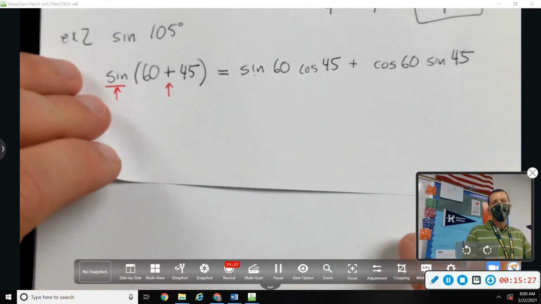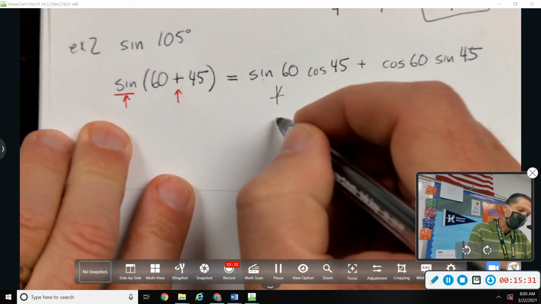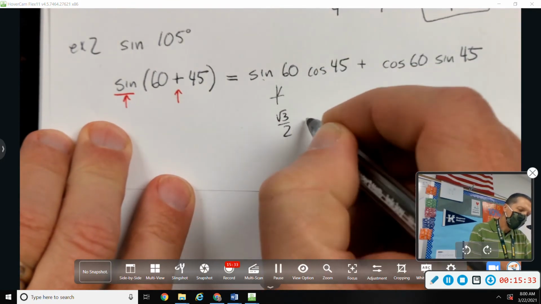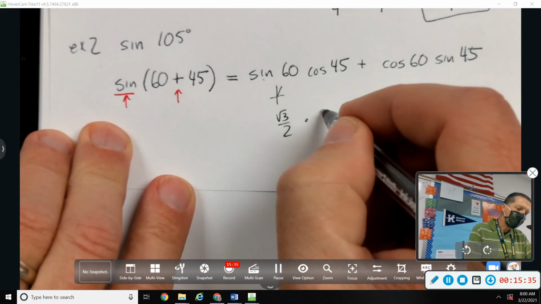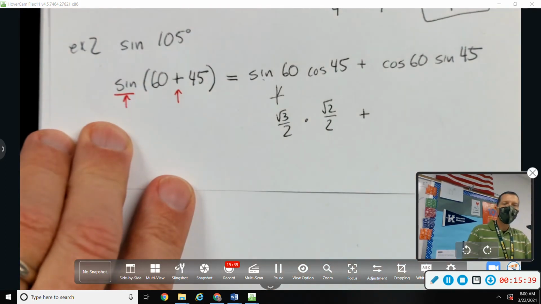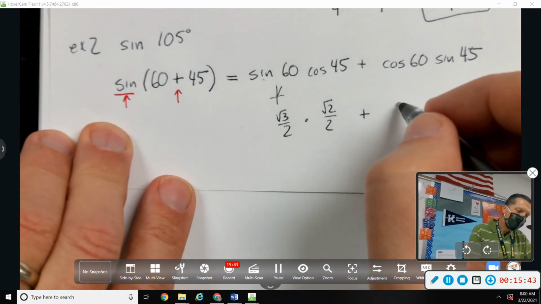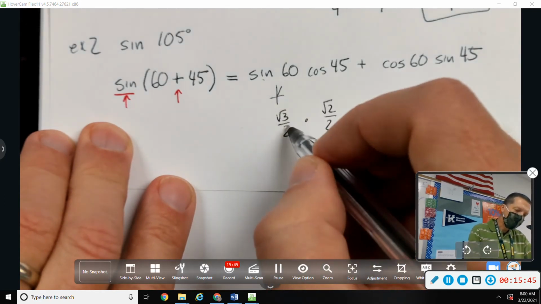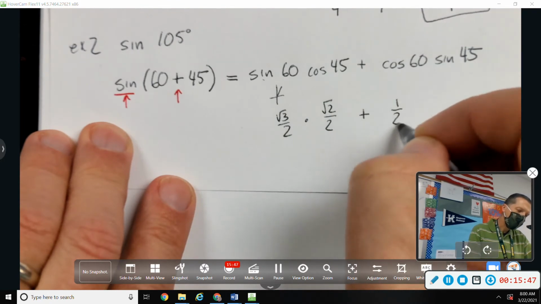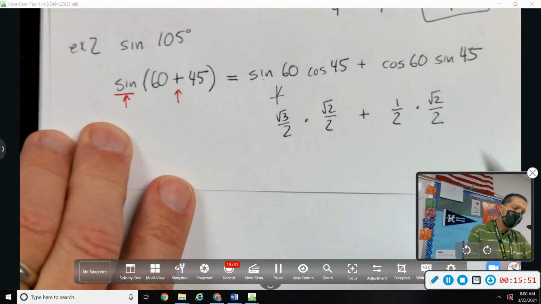Lots of unit circle today. Let's see, sine of 60, that would be root 3 over 2. Cosine 45, that's the one in the middle, so that's the easy one, root 2 over 2. Cosine of 60. Well, if the sine of 60 is root 3 over 2, then the cosine is 1/2. And sine of 45 is root 2 over 2.